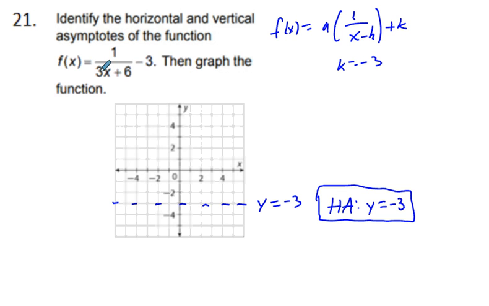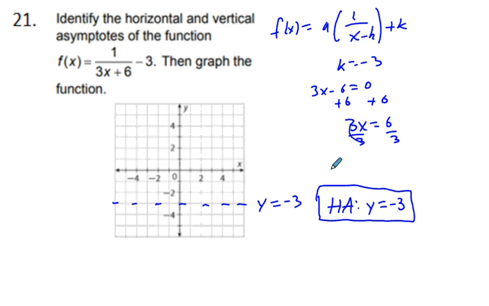Our vertical asymptote we can get by setting our denominator to 0. So if we have 3x minus 6 is equal to 0, then 3x is equal to 6, divided by 3.